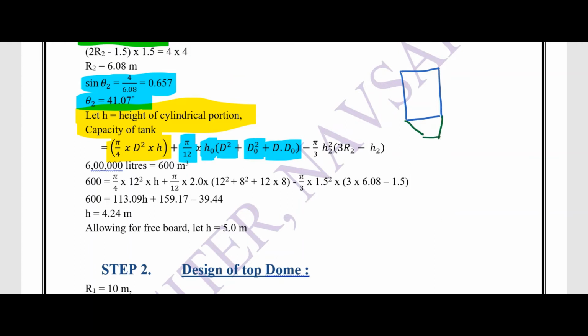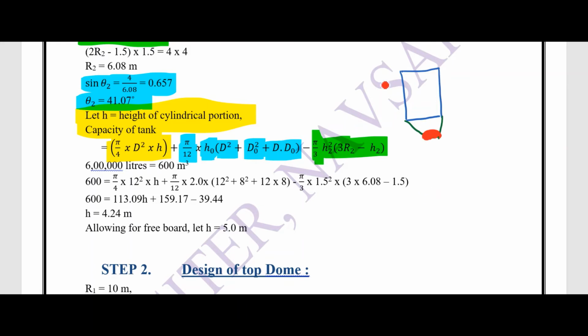But the second one is minus pi by 3 h square into (3 r2 minus h2). This is the bottom dome volume. So we can find the capacity of tank.